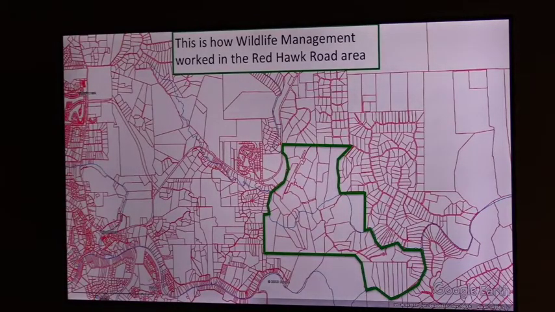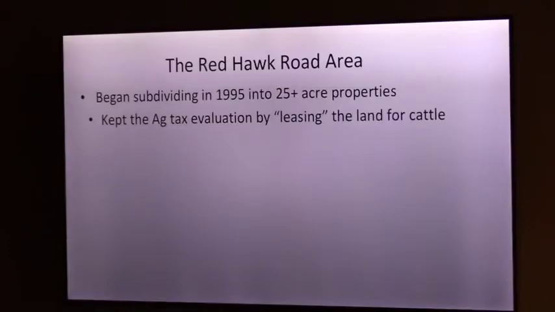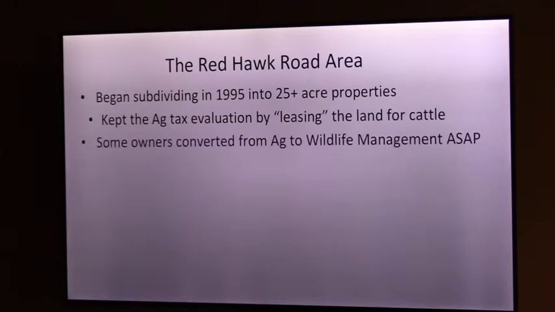So this is how it worked in the Red Hawk Road area. There are 5 subdivisions, and maybe Escondida, we thought at one time. It began being subdivided in 1995 into 25-acre parcels. They kept the tax evaluation by leasing the land for cattle.